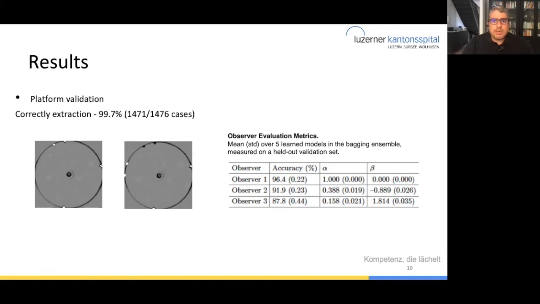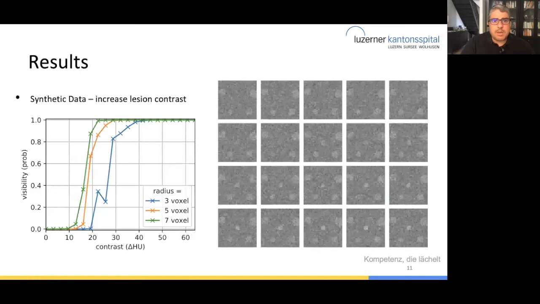The model was then evaluated on its ability to accurately reproduce the choices made by different human observers. The table on the right shows the accuracy obtained for a given observer and also the fitted parameters for that observer.